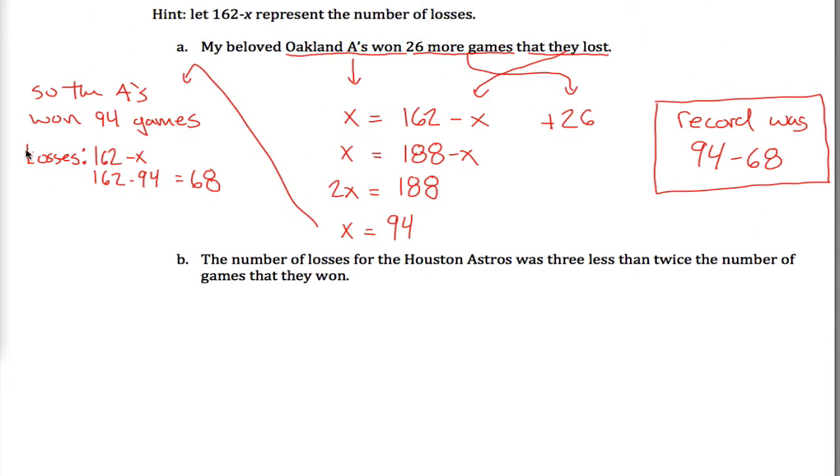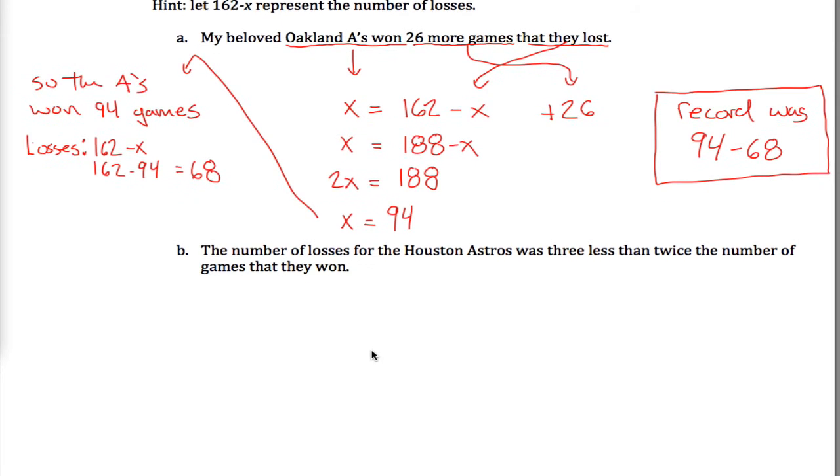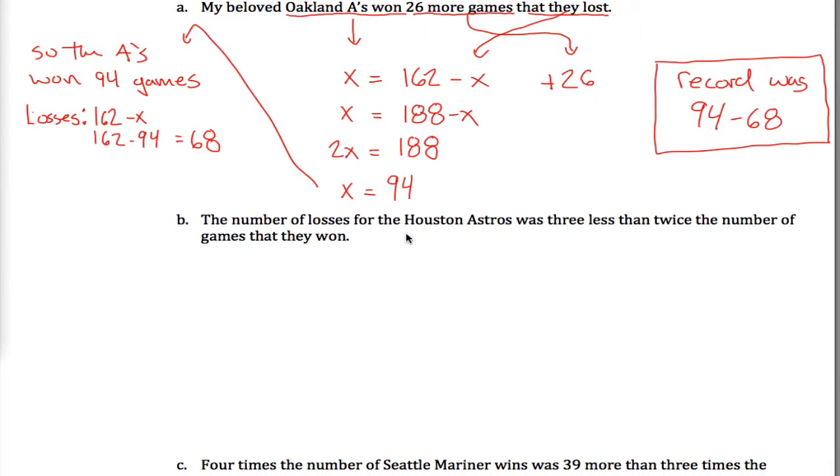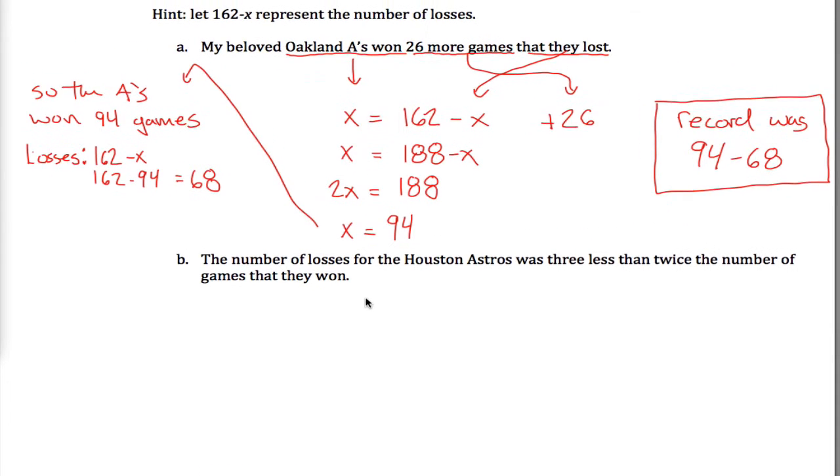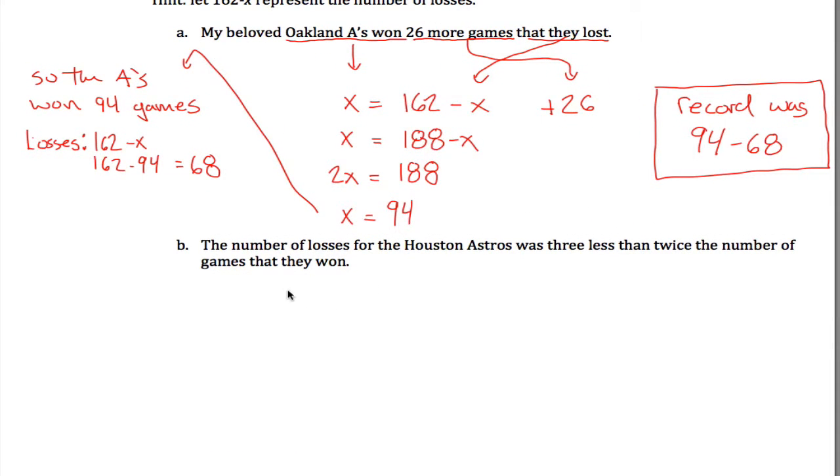All right, second one. Kind of the same idea, but now we're talking about a different team, the Houston Astros. The number of losses for the Houston Astros, so again, losses we have is 162 minus X. So the number of losses was 3 less than twice the number of wins.